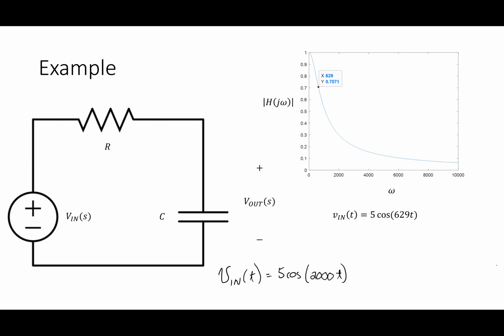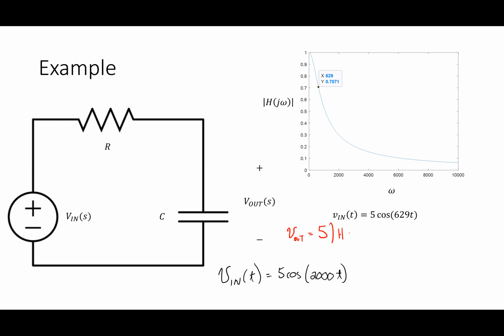What about if I had this guy here? I've got 2 different inputs that I considered. V in is 5 cosine 629t. Here's what I do. What I know is that V out is always equal to whatever the amplitude of the input is times the magnitude of the transfer function at the frequency. So what frequency am I looking at here?